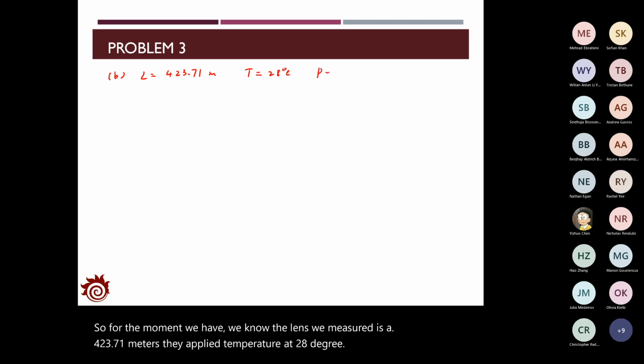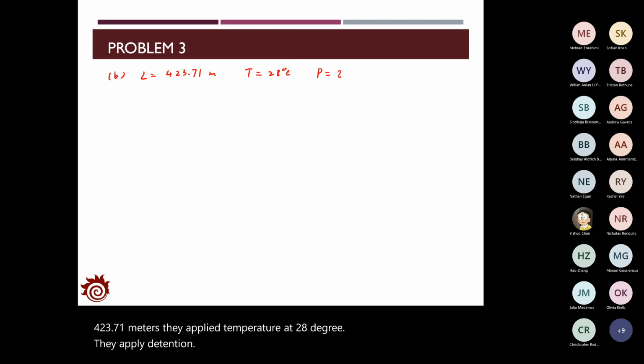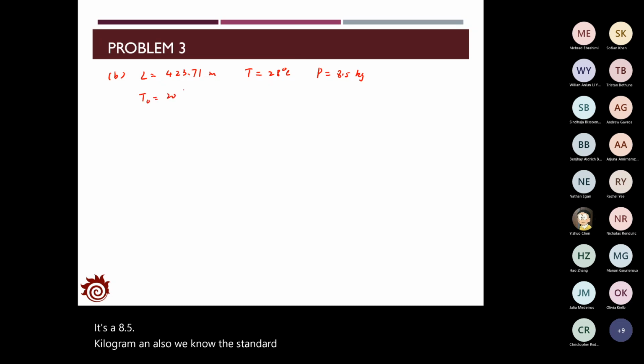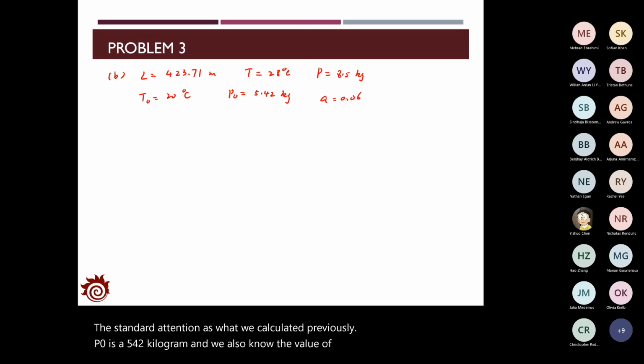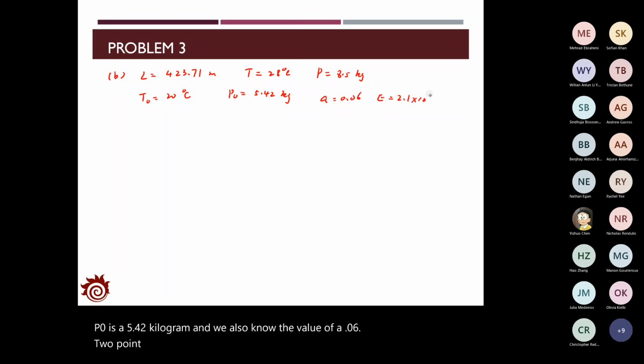The applied tension is 8.5 kilogram. Also we know the standard temperature T0 is 20 degrees. The standard tension, as we calculated previously, P0 is 5.42 kilogram. And we also know A is 0.06, E is 2.1 times 10 to the power of 6.